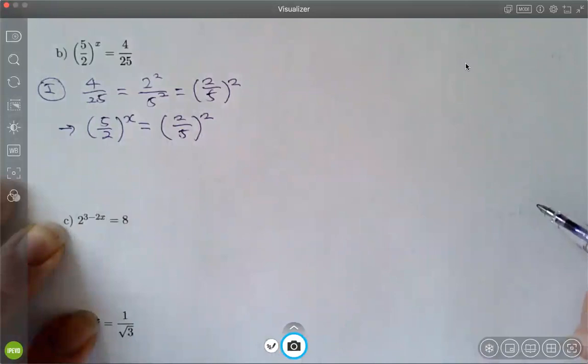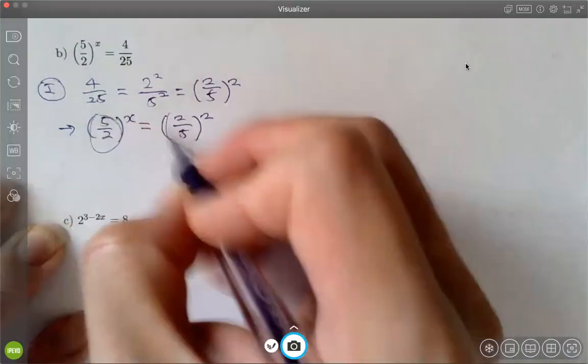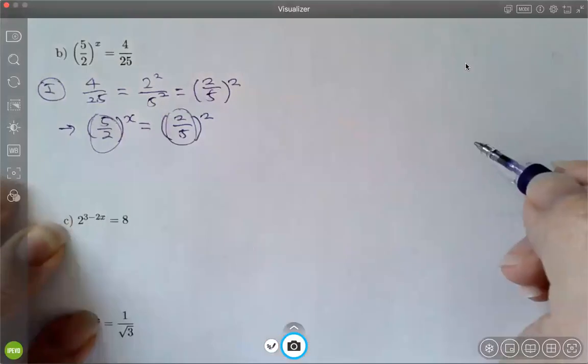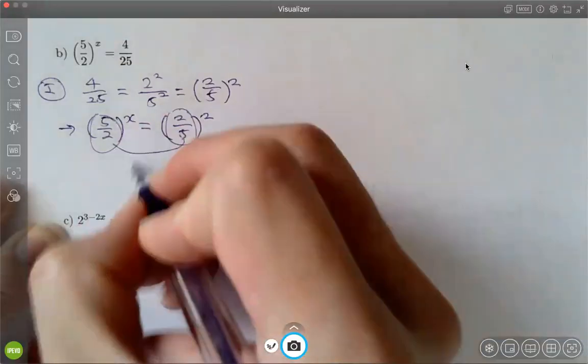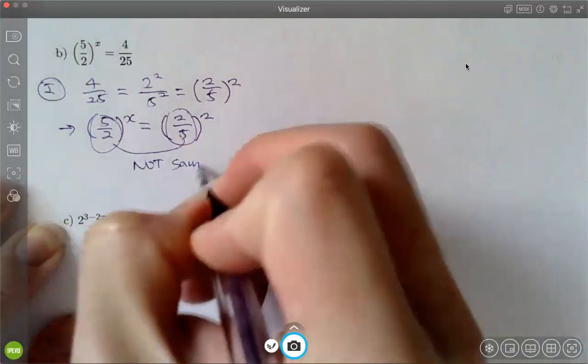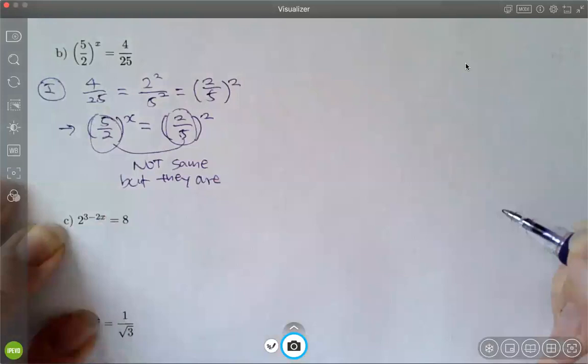Now we have these two numbers, 5 over 2 and 2 over 5, and they're not the same, but are they still related? They are so-called reciprocals, right?